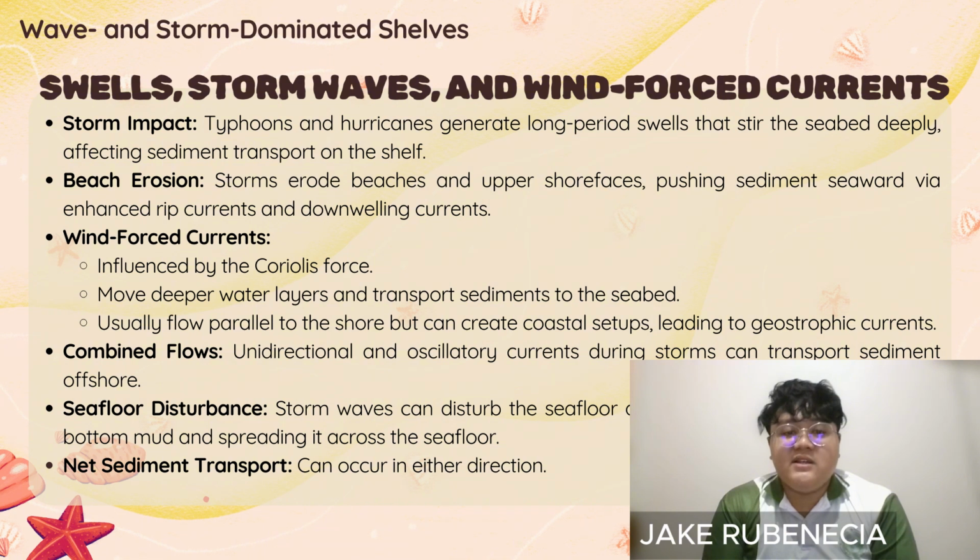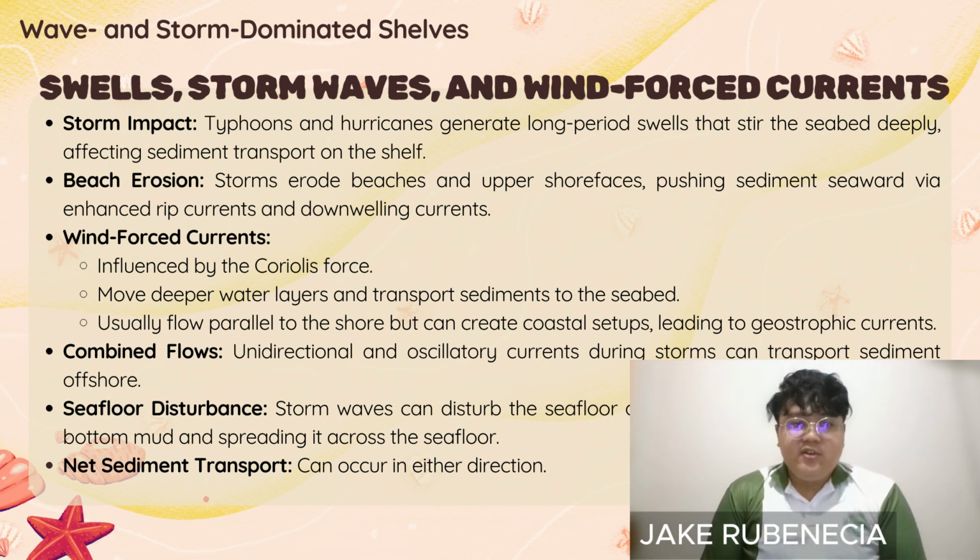Strong winds can extend water movements to the seabed, transporting sediments. Additionally, geostrophic flows can reach speeds up to 6 cm per second at depths of 10 to 20 meters. These flows alone may not transport much sandy sediment unless combined with strong wave-driven oscillatory motion, which provides the necessary shear stress to lift grains off the seabed.